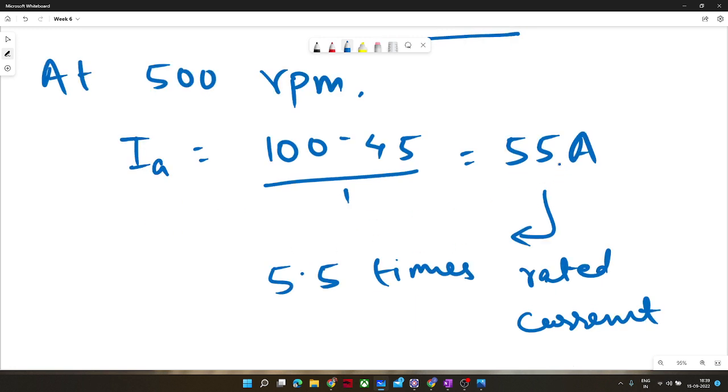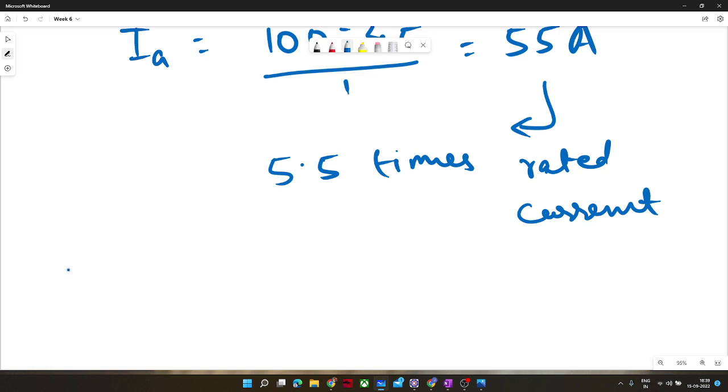So now, this is not the answer. This I was explaining. At 500 RPM, I need the armature voltage or terminal voltage. So VT2, let me call it, is equal to E2 plus IA2 into RA.